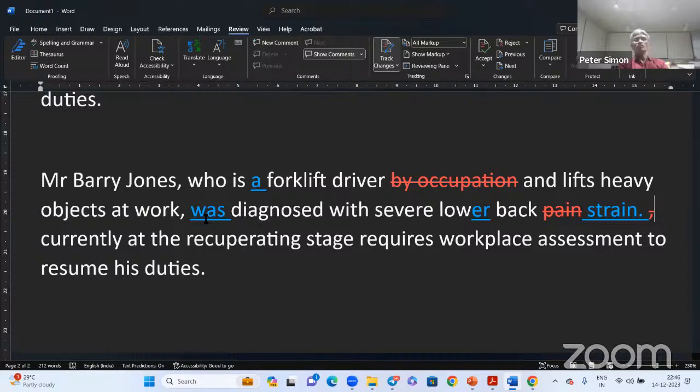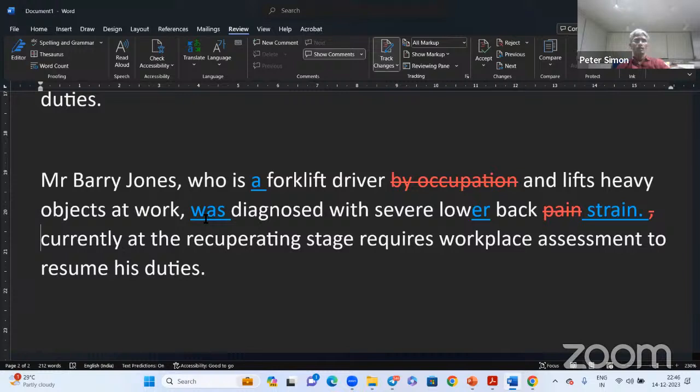Mr. Barry Jones, who is a forklift driver, and lifts heavy objects at work. This you can write afterwards, no? It's okay, they're also okay, but it's better in the introduction to be as short as possible. Don't fill it with too many words. Was diagnosed with severe lower back strain.